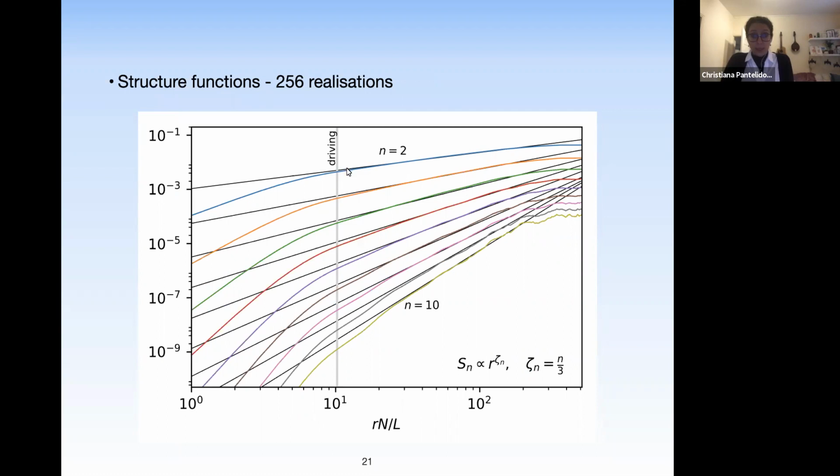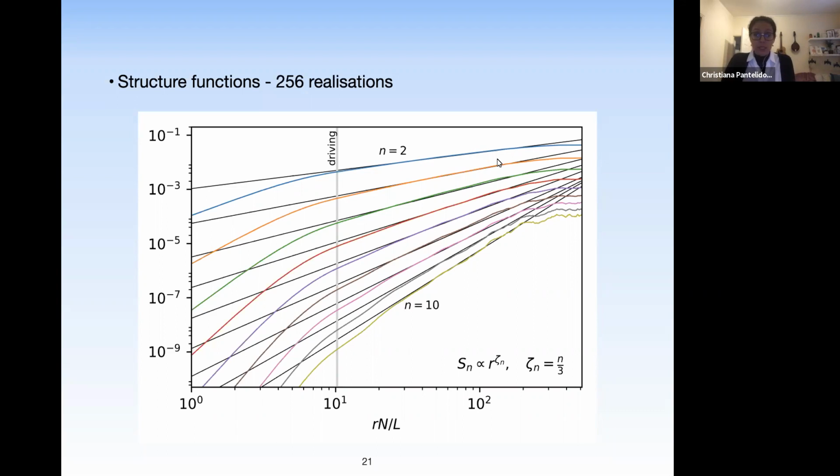Here I'm plotting the longitudinal structure functions going from n equal to 2 all the way to n equal to 10 as functions of the separation R. Okay, and once again, we see that in all these structure functions, we get very good agreement with Kolmogorov's prediction, for over a decade.